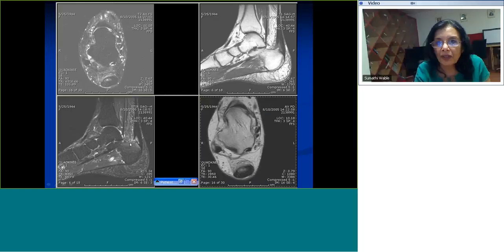Now, again, associated posterior ankle pathologies. Certain types of patients can develop posterior ankle pain. This is one of the common causes, the so-called thumb bump.